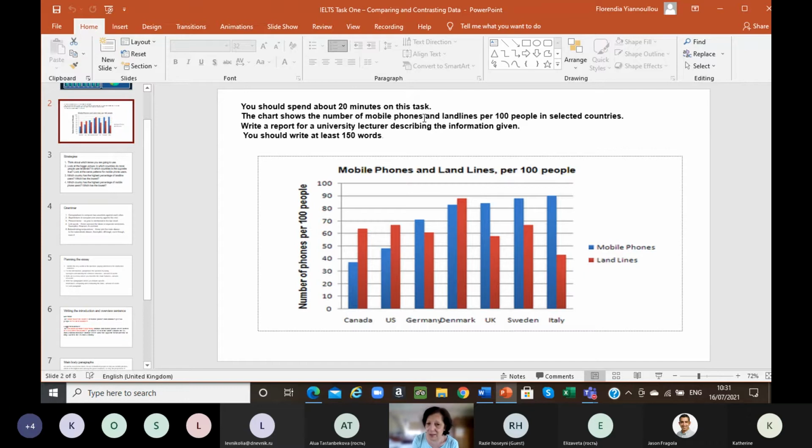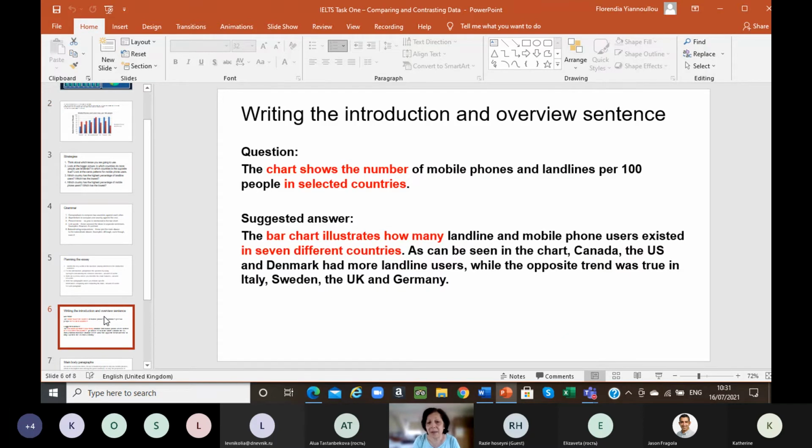The chart shows the number of mobile phones and landlines per 100 people in selected countries. You must change that a bit. So chart, now as I've put here, this is the question. Obviously, you can't change the word mobile phones.